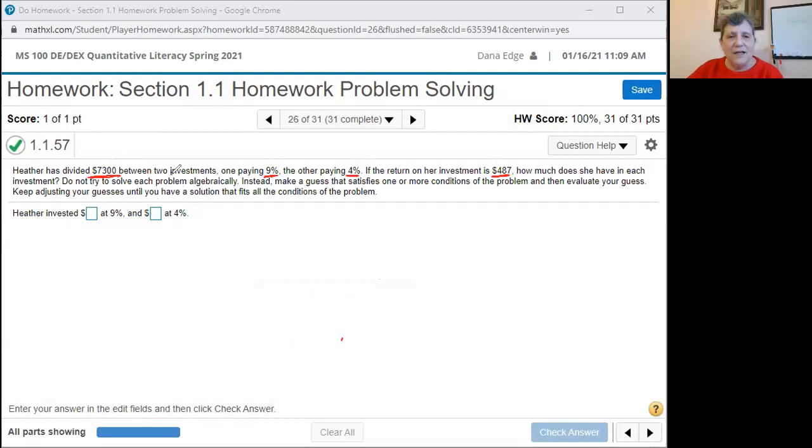Remember that in order to calculate interest, your interest is always going to be the principal, the amount that's invested, times the interest rate. And the rate has to be entered as a decimal.